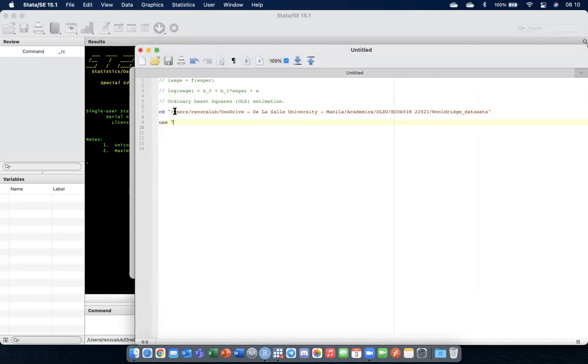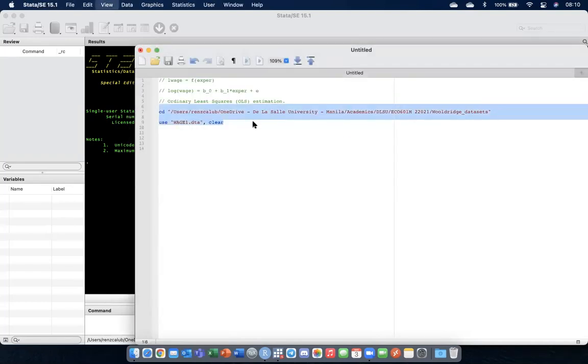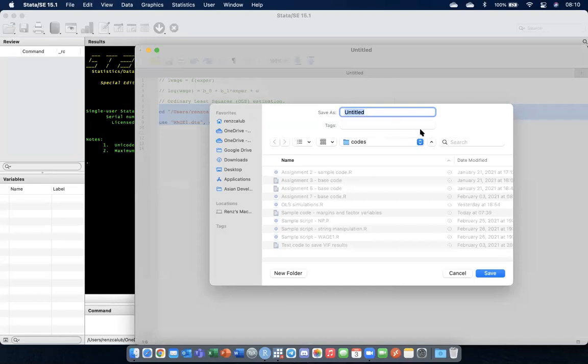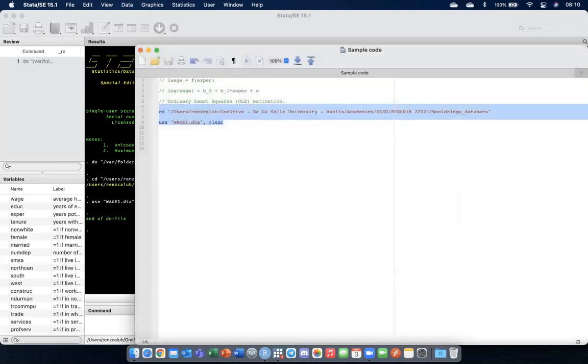So you have use wage1.dta. Just make sure that there's no other data set loaded. We type in clear. Okay, so let's save this first. So the dataset is now loaded.